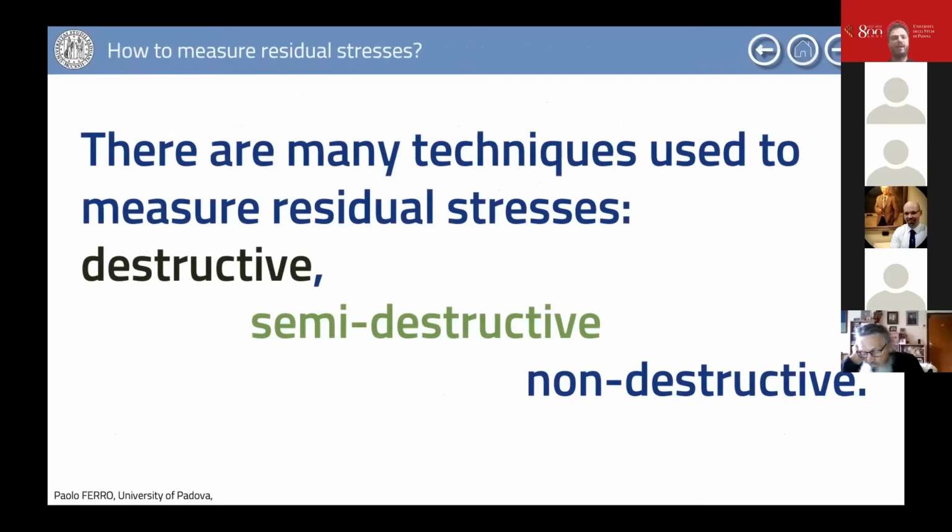Now I want to spend some words about the techniques that we can use to measure residual stresses. I classify these techniques into three categories: destructive, semi-destructive, and non-destructive techniques.